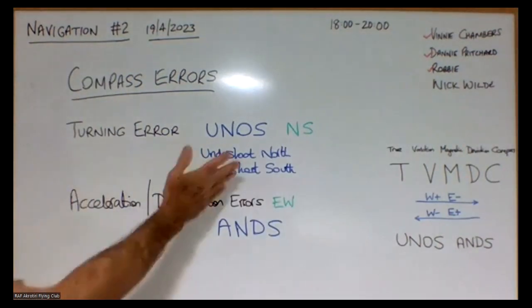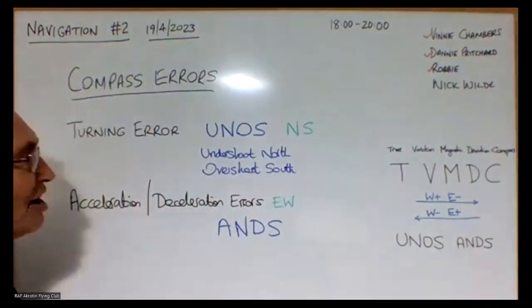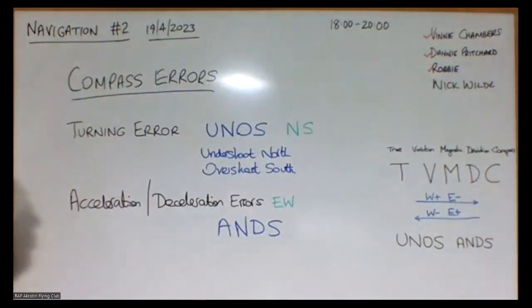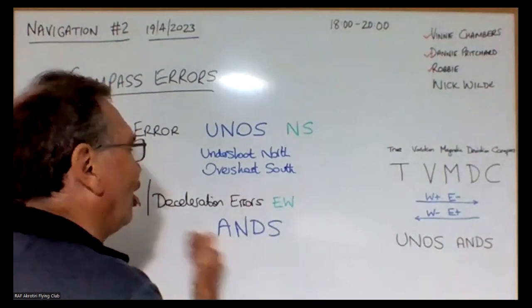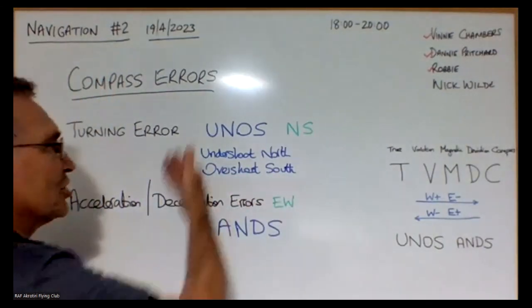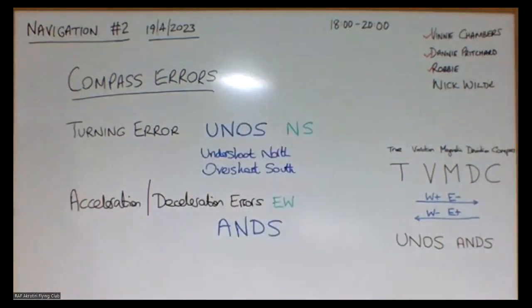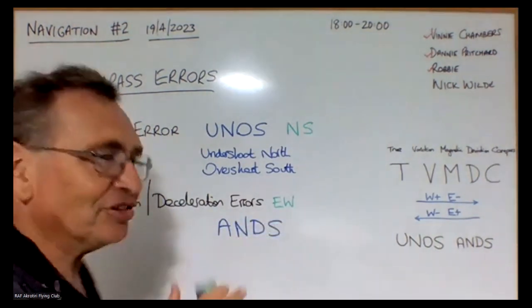Now, if I'm somewhere in the middle, like if I'm 045 compass, then I will get roughly half of the error. Same with here. So in other words, if I'm somewhere in the middle, I'll only get half the effect.